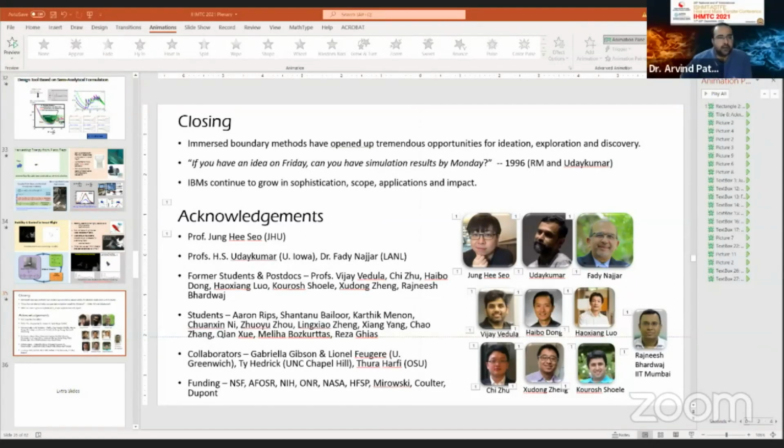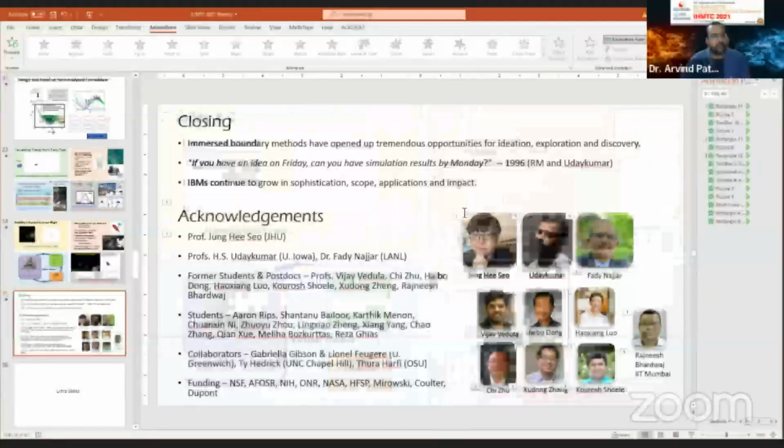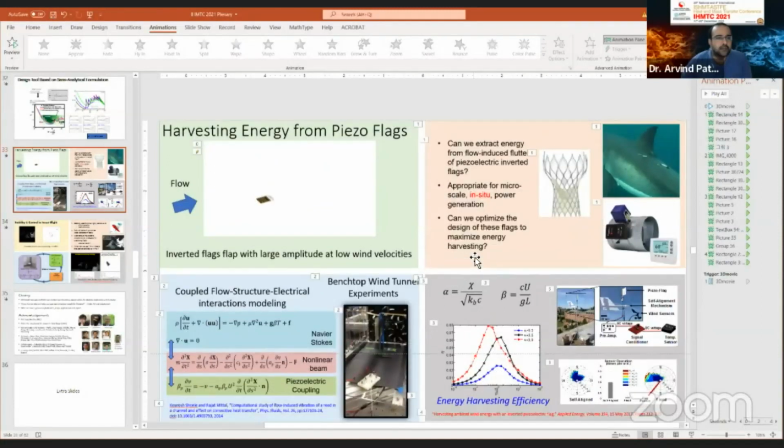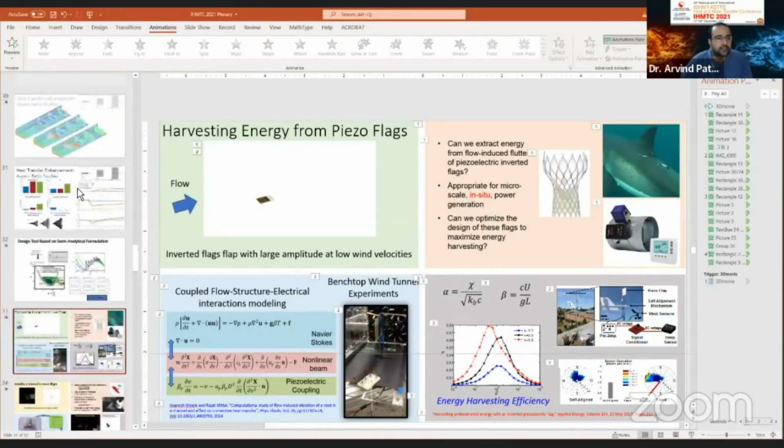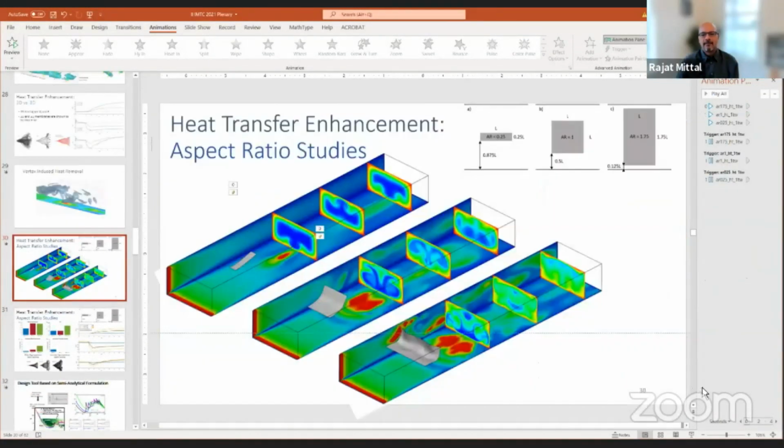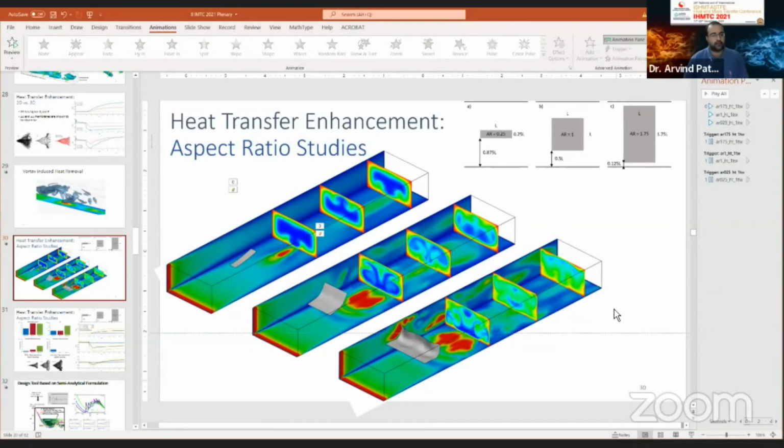Okay. So on a related note, I have a question for you. The simulations that you showed with the flow-induced flutter that improves the heat transfer rate, this is all for laminar flow, right? I mean, whatever you've shown. Am I correct, Professor? Yes. So if it were to be turbulent, then what would be the situation?